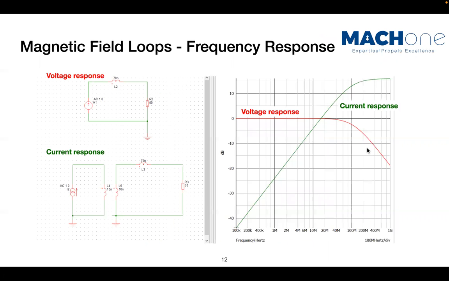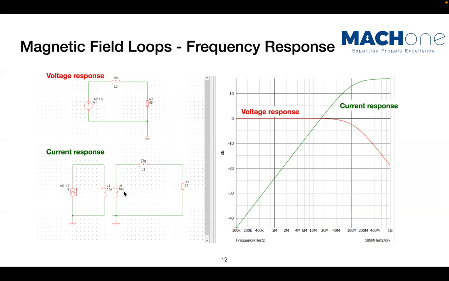Okay. So here's a simulation, which basically simulates a very simple magnetic field loop. We try to simplify things. We can simplify a magnetic field loop as having some self-inductance and some mutual inductance, as we show here, right?